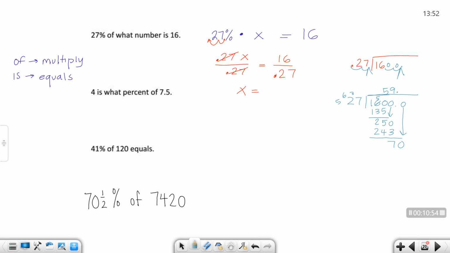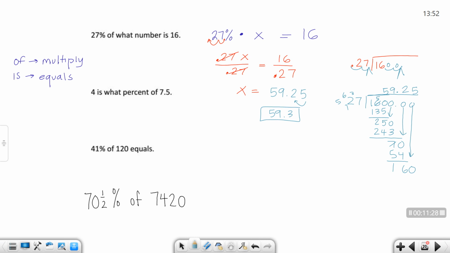So 27 goes into 50 2 times. And then it's going to repeat. So we'll say that that's what we get right there, and we'll stop there. So we're going to get 59.25. That's going to round this one up, so we're going to say it's 59.3.